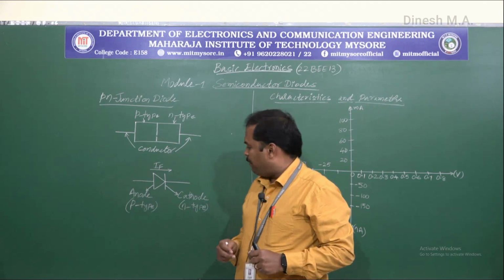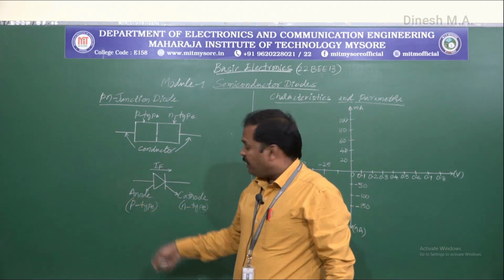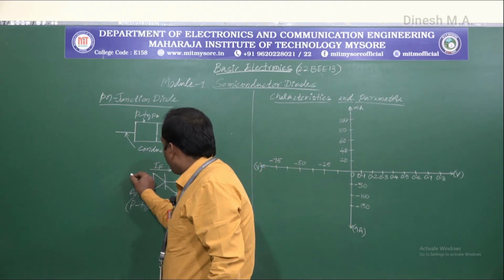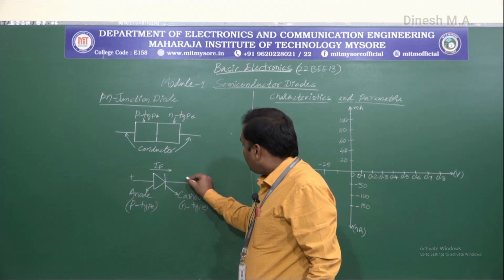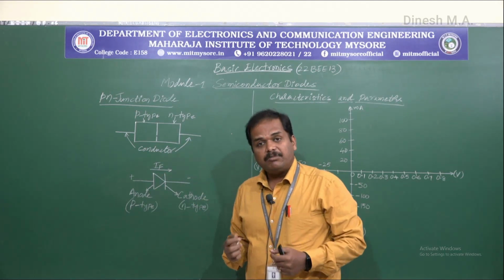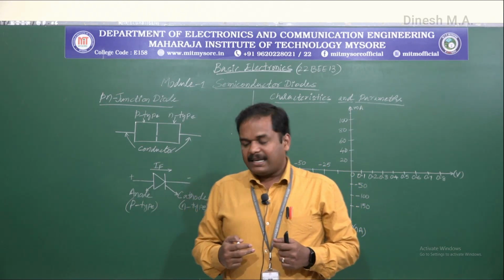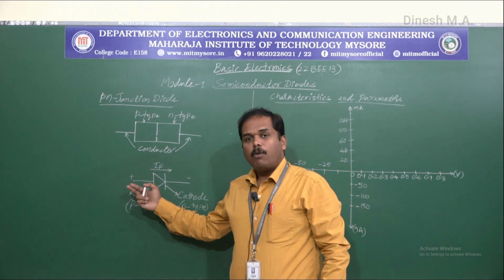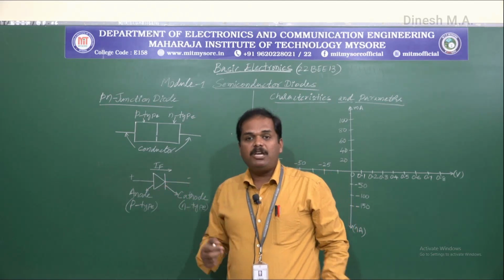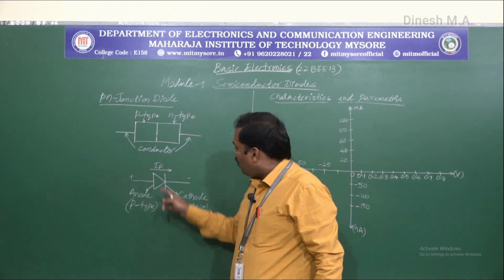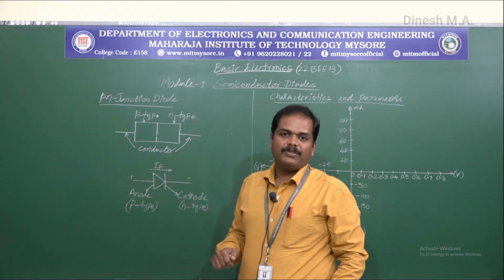to be forward biased. Now, when the anode terminal of the diode is connected to the positive terminal of the battery and the cathode terminal is connected to the negative terminal of the battery, in other words, when the anode becomes more positive than the cathode, the diode is said to be forward biased, allowing forward current IF to flow through the diode.